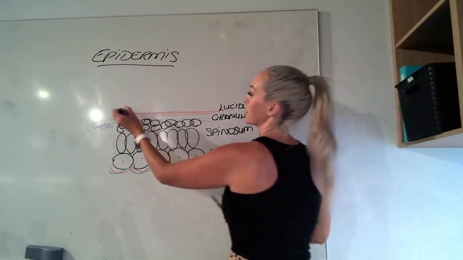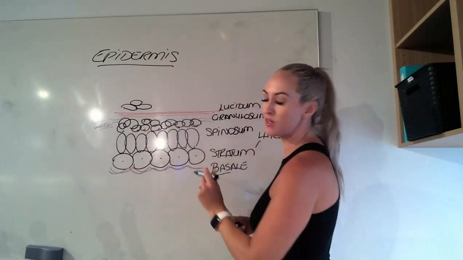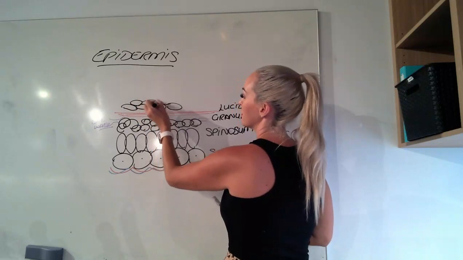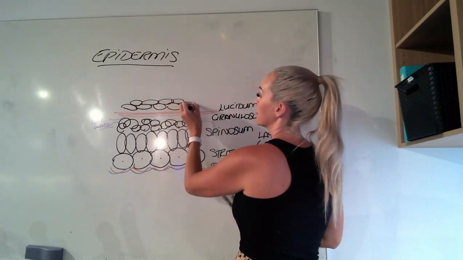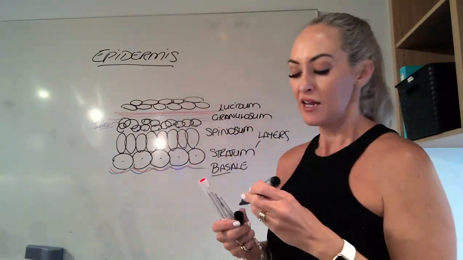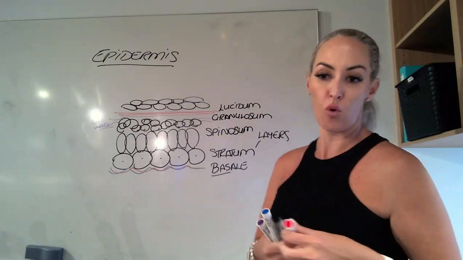So this one is like a brick formation. Okay, so there's like, say, two and then one on the top. So I want you to think about building a house. Okay, and layers upon layers upon layers. Now they're held together by a little thing called our cell glue or a mortar.